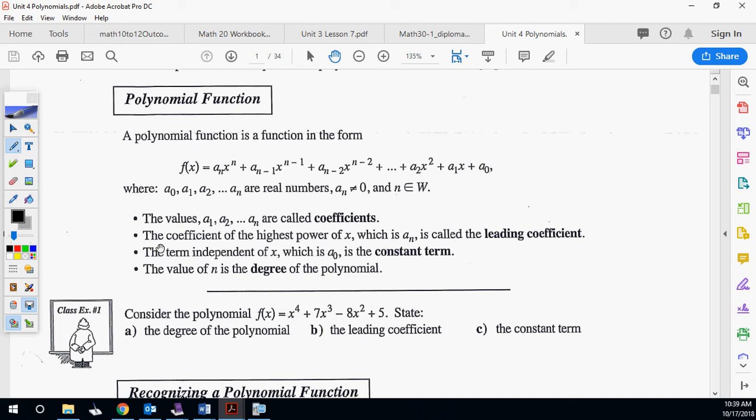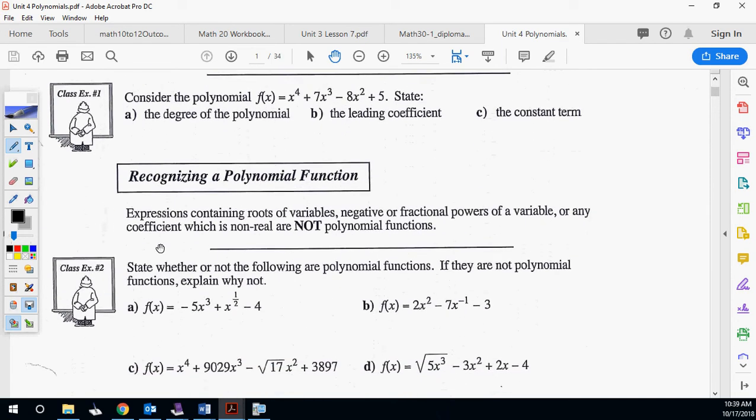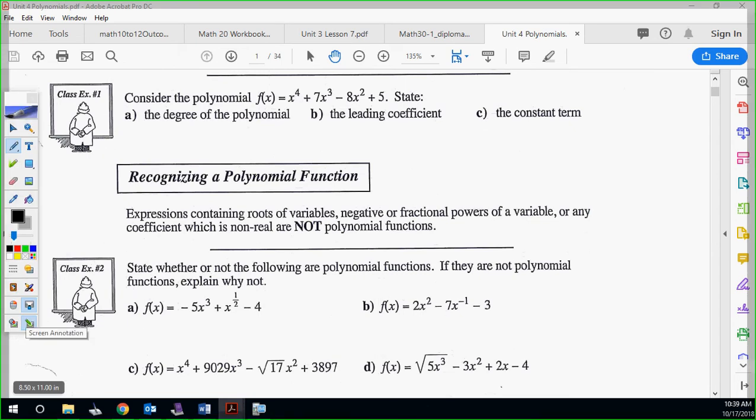Okay. The term independent of x, which is a_0, is the constant term, like we just talked about. The value of n is the degree of the polynomial. So the degree of the polynomial is the highest exponent, so that would be 4 for this one. We'll talk about double variables stuff later. Math 9 you always used to forget, I remember. But this one here, the degree of this polynomial is simply 4.